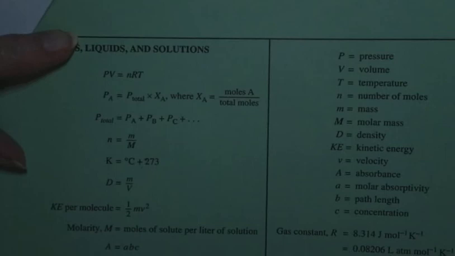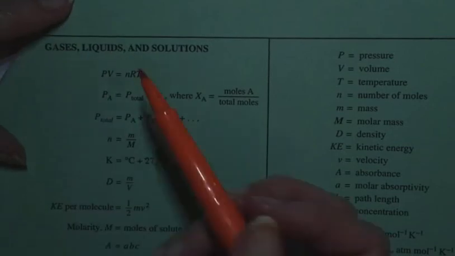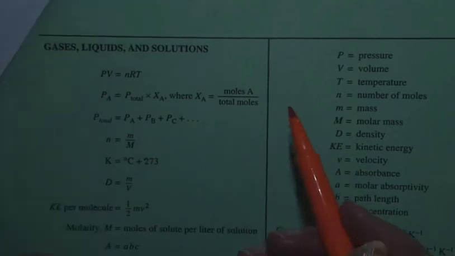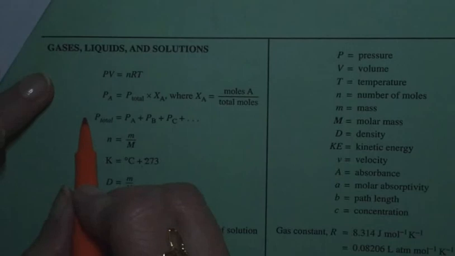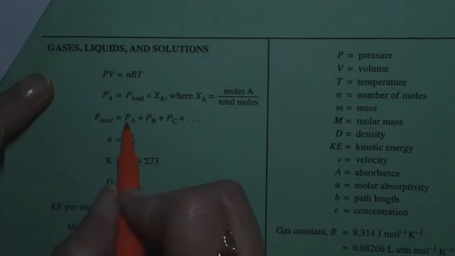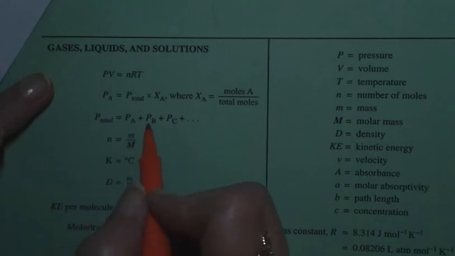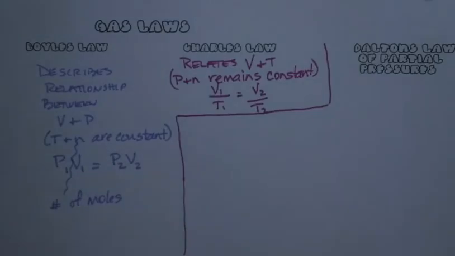So we're looking at gases here. Dalton's law of partial pressure is this one right here. The total pressure is equal to the pressure of the first gas plus the pressure of the second gas plus the pressure of the third gas, and so on. Dalton's law of partial pressure is really simple, and you don't have to memorize the equation.